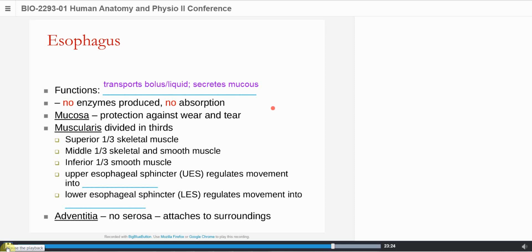The muscularis is unique in that there's a mix of skeletal and smooth. So at the top, skeletal, because you can control swallowing and also can push things back out if you need to, if you start to choke. Middle third is a mix, bottom third is smooth. There are two sphincters, the upper esophageal sphincter, controlling movement into the esophagus itself, and the lower esophageal sphincter into the stomach.